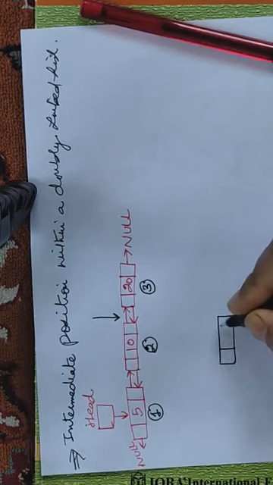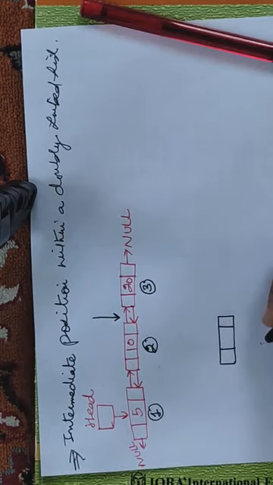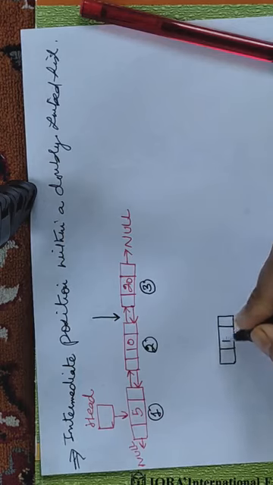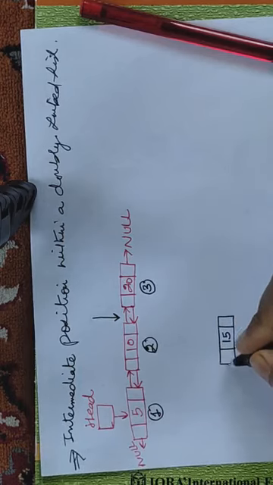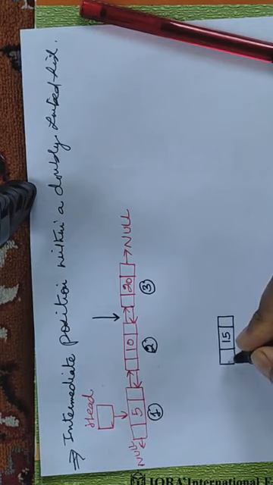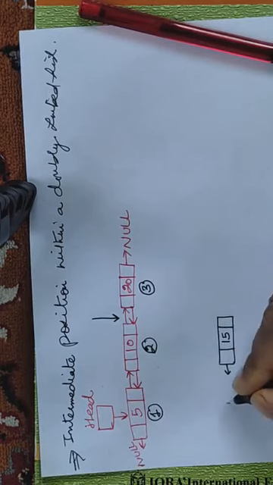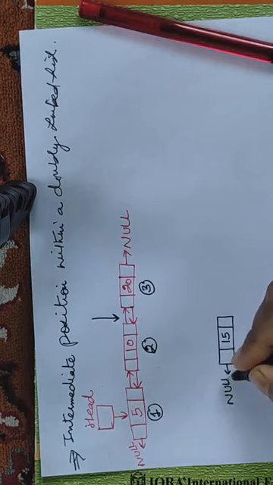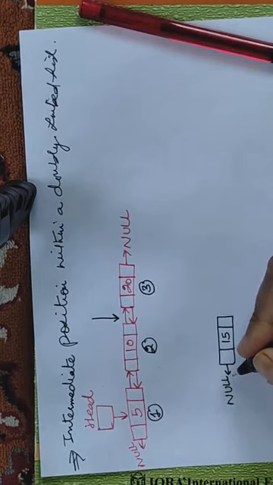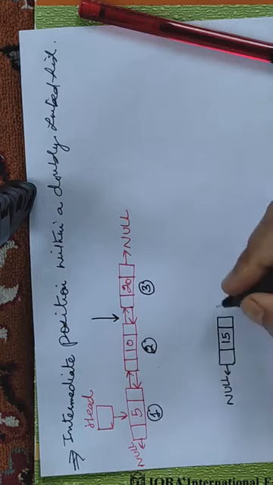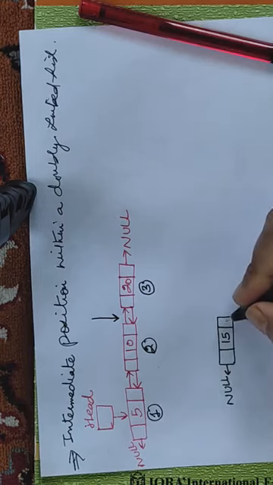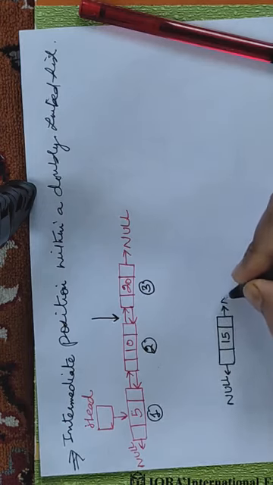Suppose this is the new node we have created, and its data part is for example 15. This is the back pointer, so it will point to null because initially we create this node. This is the single node we create using the malloc function, so this forward pointer will also point to null.